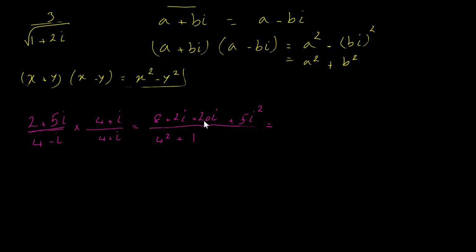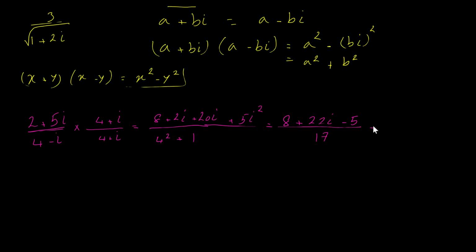And then we do the simplification. So 2i plus 20i is 22i, and then i squared is -1, so minus 5, and then the denominator 16 plus 1, 17.